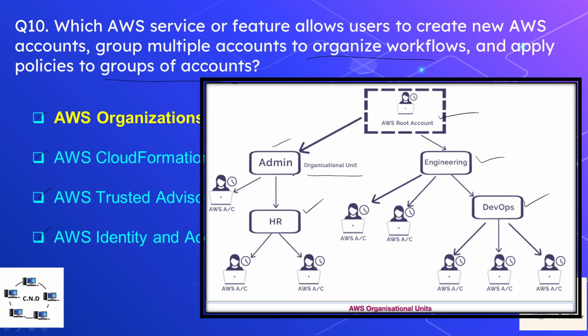Then inside each organizational unit you can create the AWS accounts. These are individual accounts, and you can apply policies to these OUs. OU stands for organizational unit. These policies will then be automatically applied to the accounts.